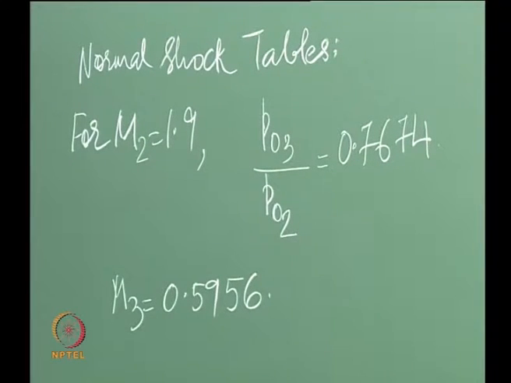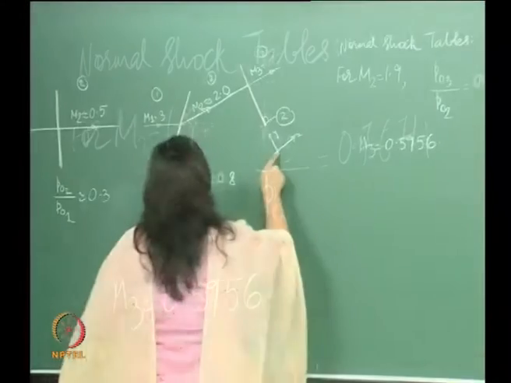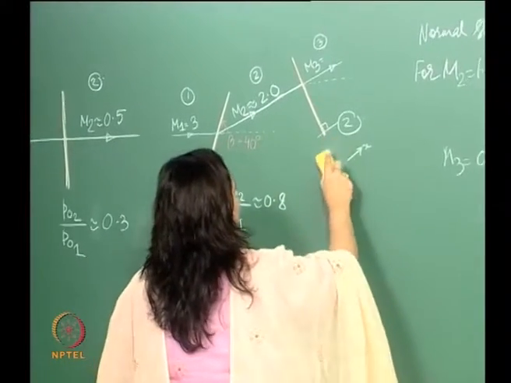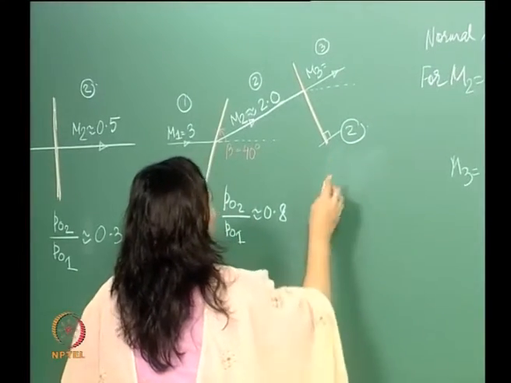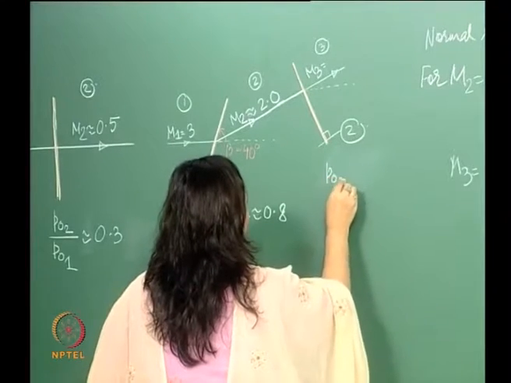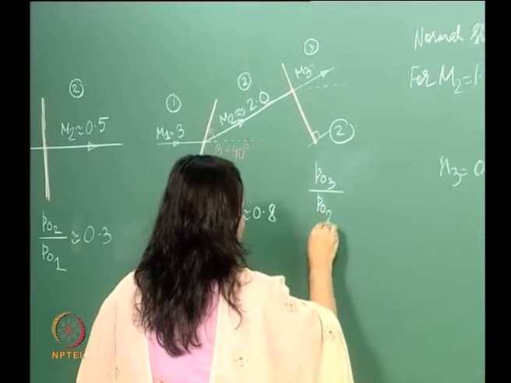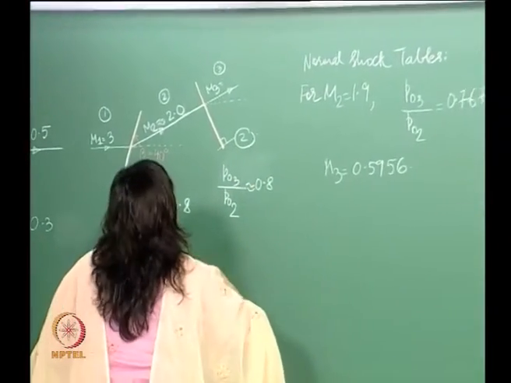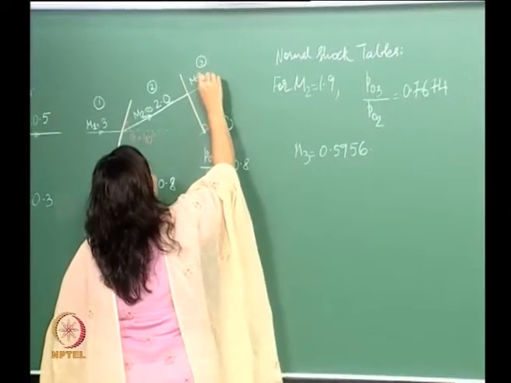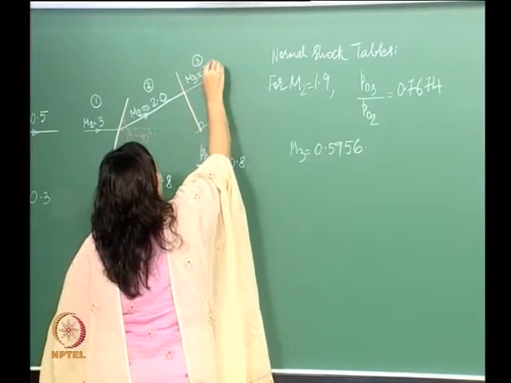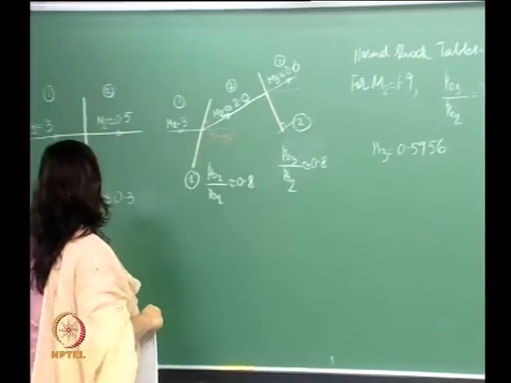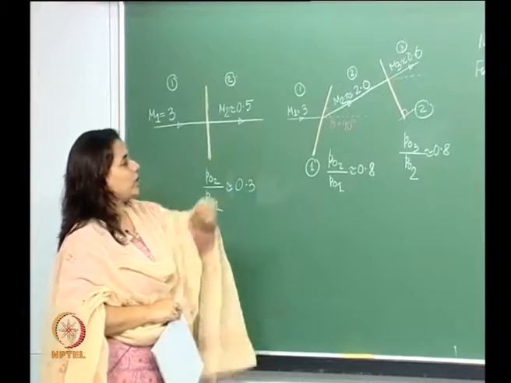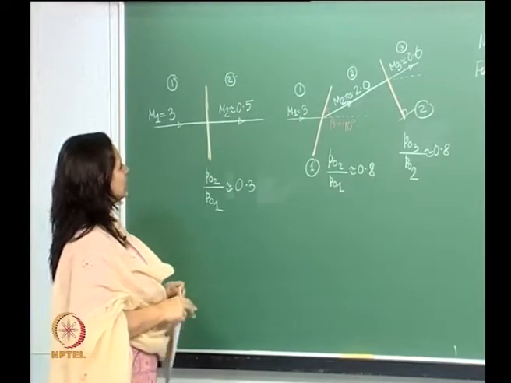Let us write that down over here, not congesting this. So P03 by P02 is around 0.8, and M3 is around 0.6. Here we got around 0.5, here we got around 0.6, so we are nearly at the same speed.